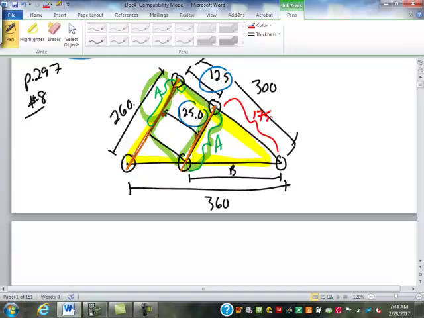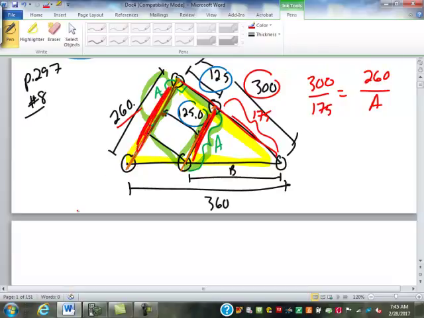So now that we have that one side, we know that the 300 on the big triangle corresponds to the 175 on the little triangle. We'll put A here. That's from the little triangle, so it goes on bottom with the 175. That corresponds to the 260, because A is over here, so that corresponds to this side. B would correspond to the 360.